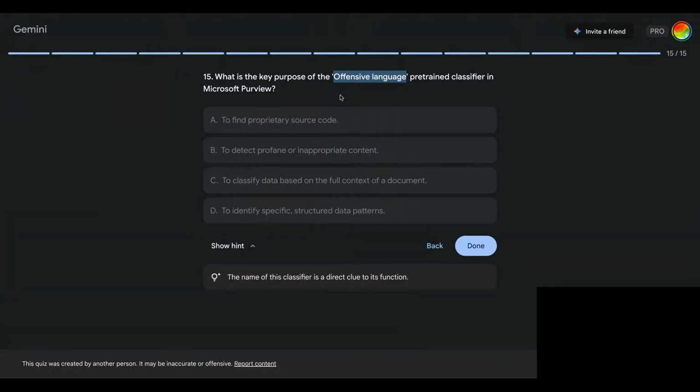It's B. Like I said, I gave an example, I detected something the other day. Two guys were swearing at each other. The system was able to send me an alert, and I could see they were throwing F bombs at each other on the email. So I'll come here, classifiers, trainable classifiers.